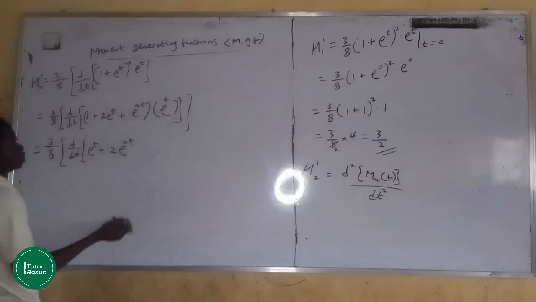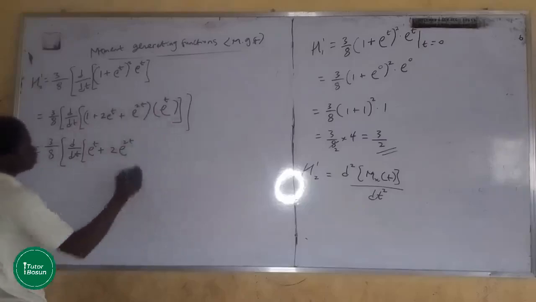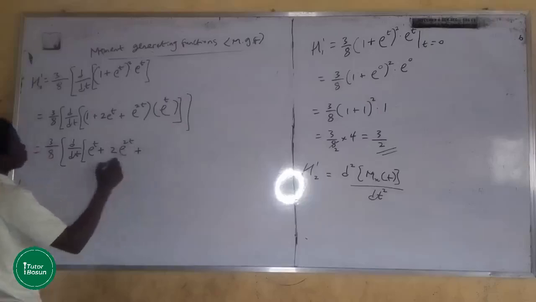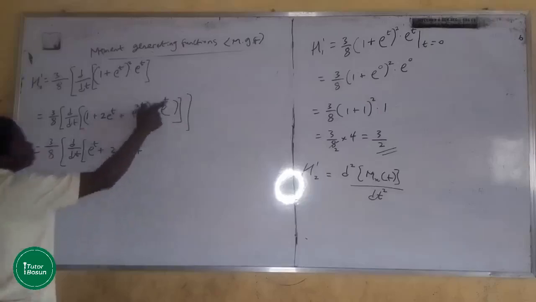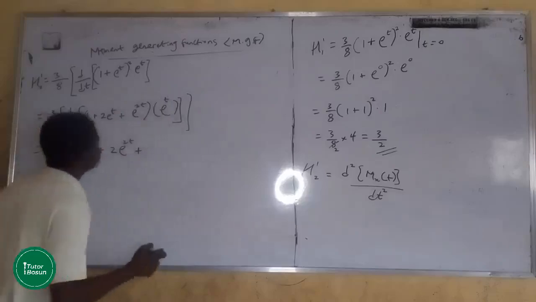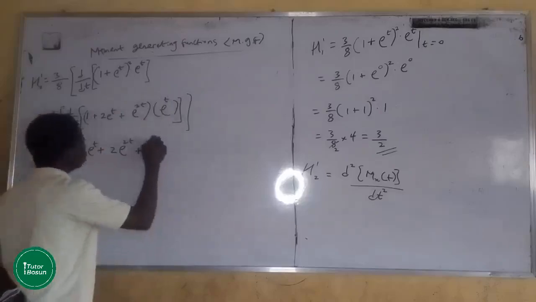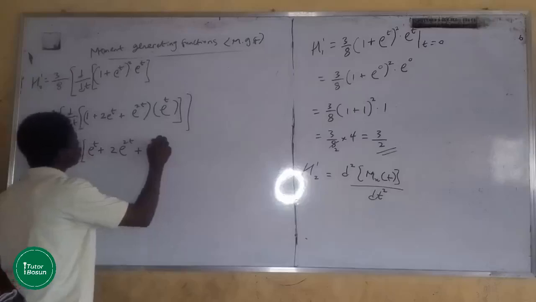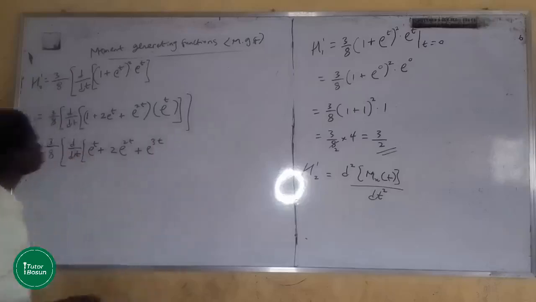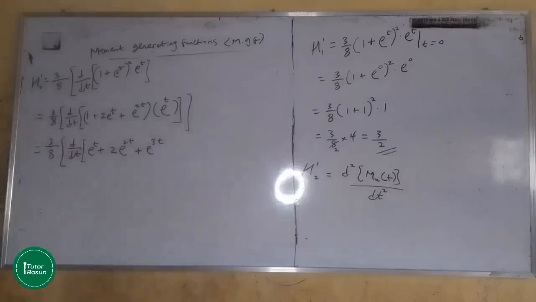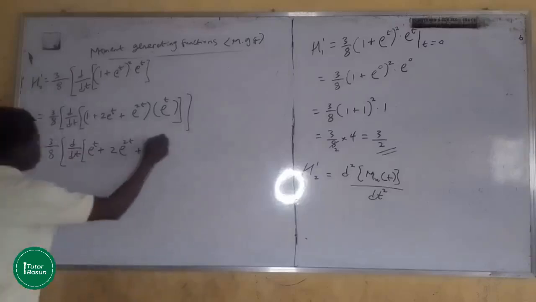That becomes 2t. Plus exponential 2t times exponential t, that will be exponential 3t.